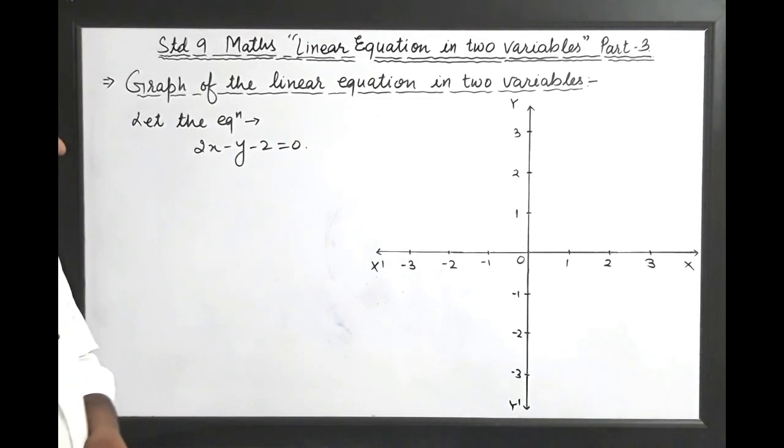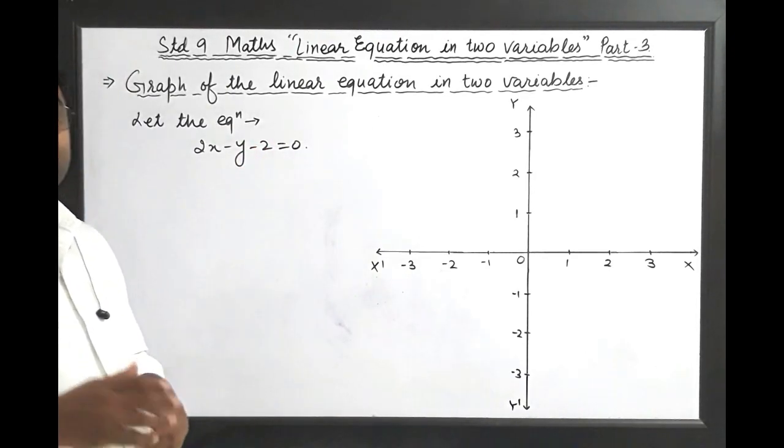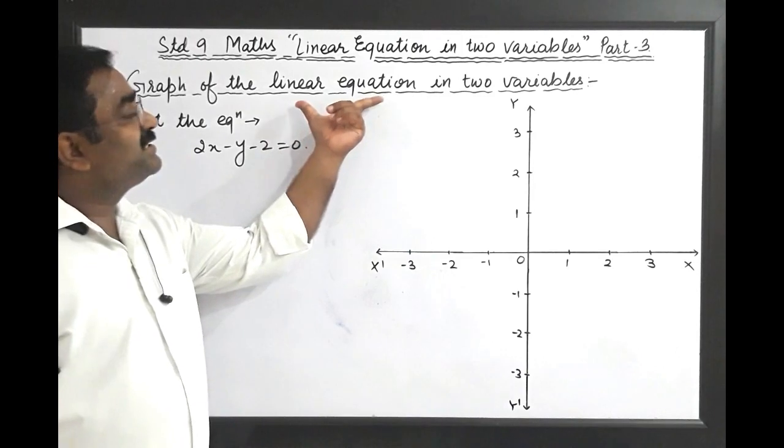Right, children? So to draw the graph of this equation, as it is given, this is linear.